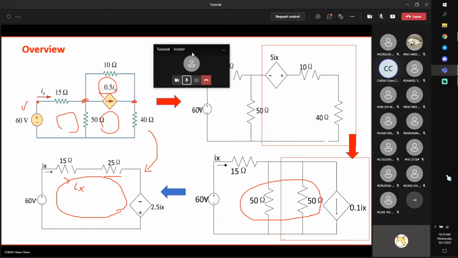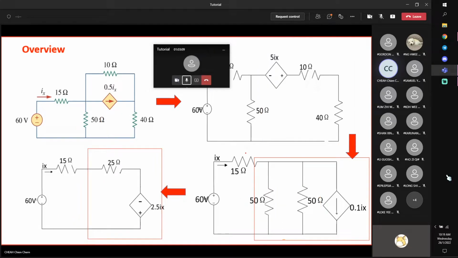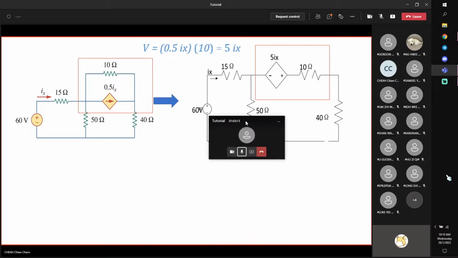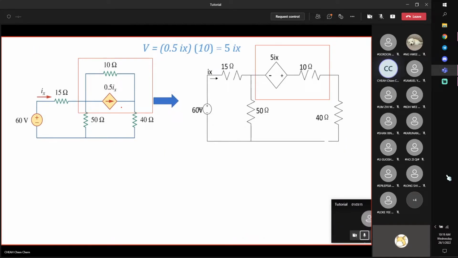Let's look at the detail now, starting from the first one. In the first step, I need to transform this current source, this is a dependent source, 0.5 Ix current into voltage. Given current, multiply by the resistance, Ohm's law, you get a voltage.